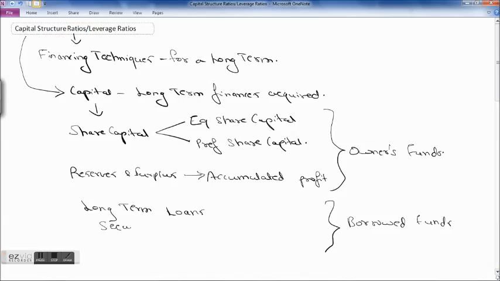Loans may be secured or unsecured, and can be obtained from banks or by issue of debentures, etc. All this put together is known as capital structure. Capital structure or leverage ratios help us find out the long-term solvency position of the organization. Now let's learn the first capital structure or leverage ratio.